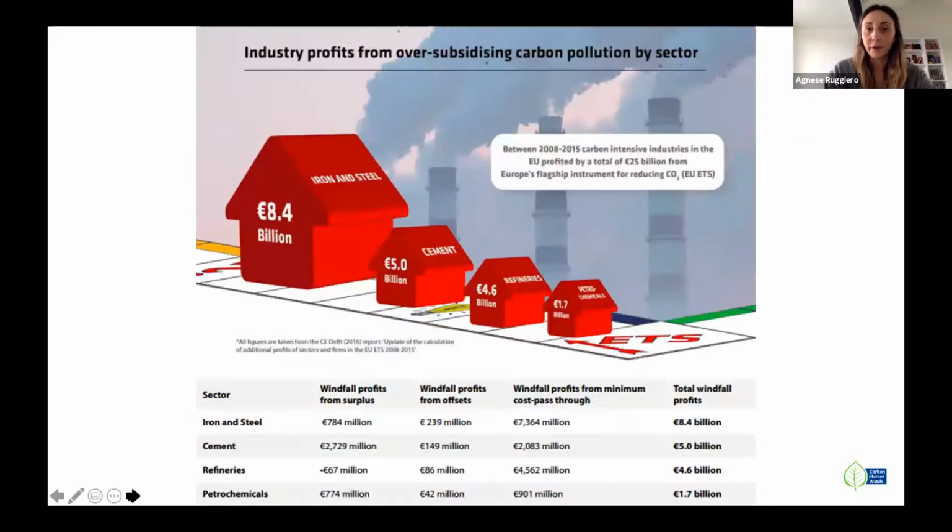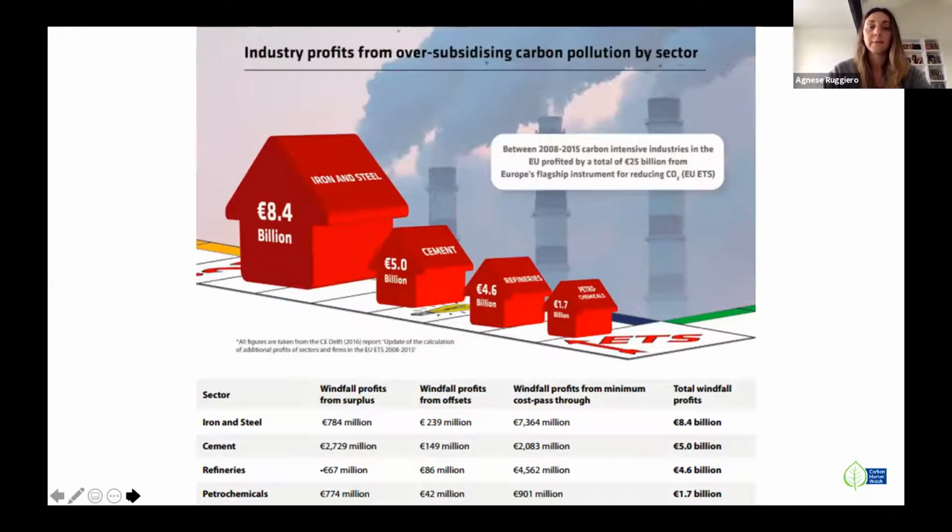On top of not being effective, I would like to underline the fact that the allocation of free allowances in the past, and we're updating the study, has actually generated profit for industry. As you can see here, between 2008 and 2015, the iron and steel industry has made 8.4 billion euros in profit from over-allocation of allowances, 5 billion cement, 4.6 billion for refineries.